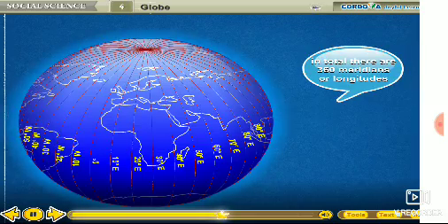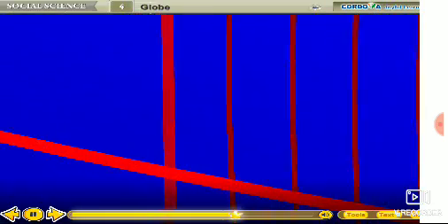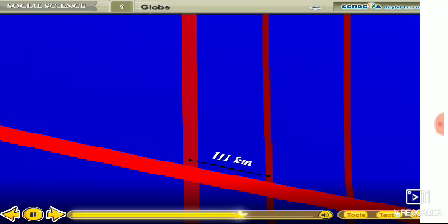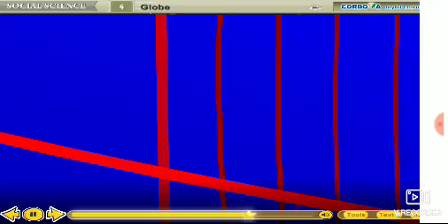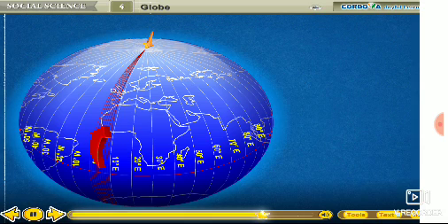Therefore, in total there are 360 meridians or longitudes. At the equator, the distance between two meridians is the greatest, that is about 111 kilometer. The distance between the meridians decreases as one travels towards the poles and vice versa. All the meridians meet at the poles.